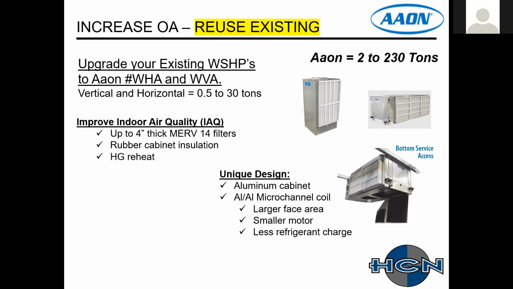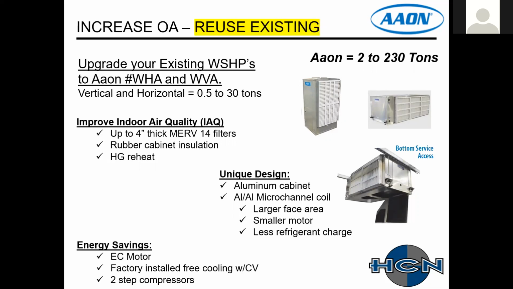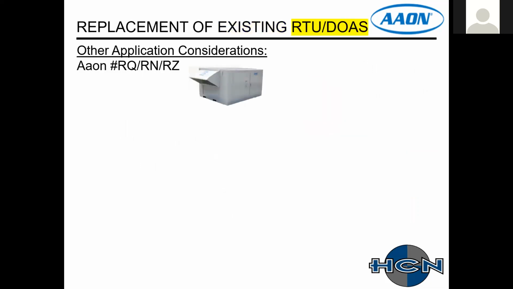Another unique feature is shown with the picture on the right, that they have bottom service access available. And then additionally, you could also upgrade to provide more energy savings with EC motors. They have a factory installed free cooling control valve, and then also a 2-step compressor, all right?